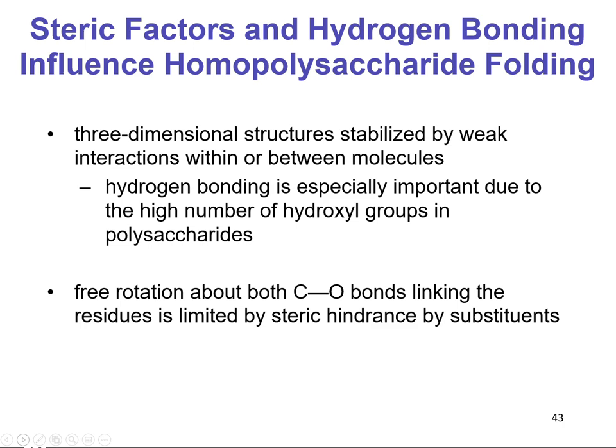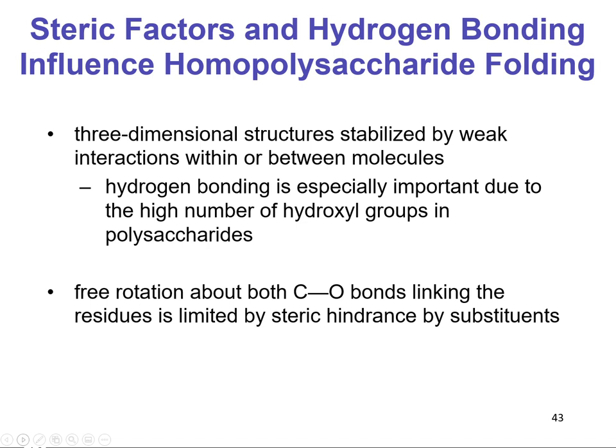So you've either got interactions with water and you make a ton of hydrogen bonds, or you have interactions between molecules. So hydrogen bonding is super important here. Just like with proteins, hydrogen bonding helps with solubility and it helps with keeping the molecules stable.